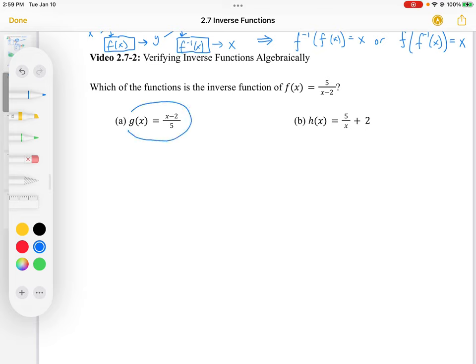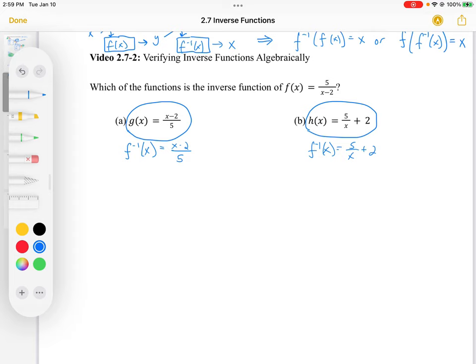They named these g of x and h of x, but we could call the inverse function of f, maybe. We're not sure. We're going to verify that right now.